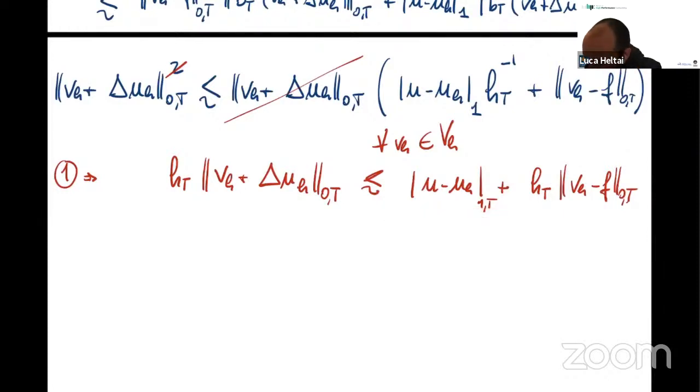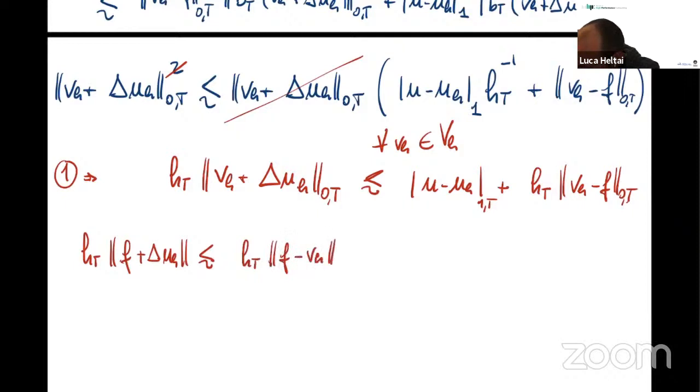So this means if I multiply ht times u, so this was f plus Laplacian of uh, is controlled by ht f minus vh, which is what is written there, plus u minus uh 1t.